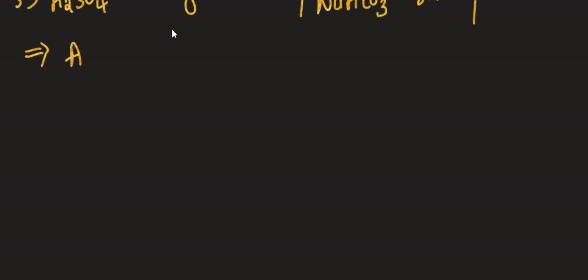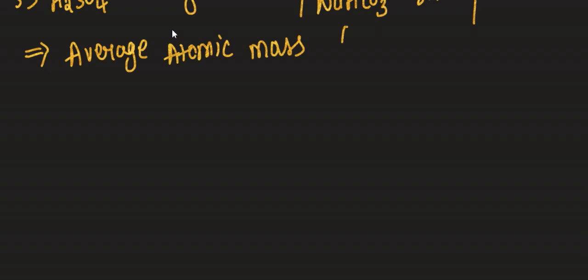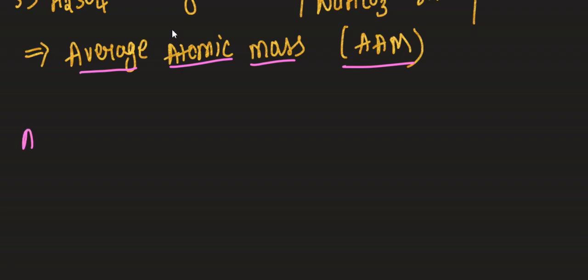So the next concept is average atomic mass. For shortcut you can write AAM. Instead of mass, you can even use the word weight: average atomic weight, or average atomic mass. Let us try to understand the formula here.